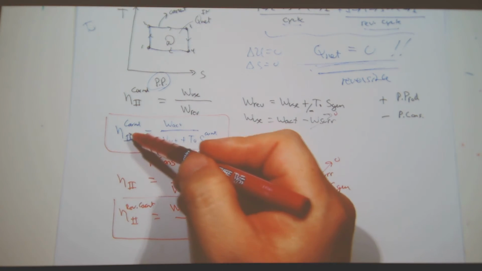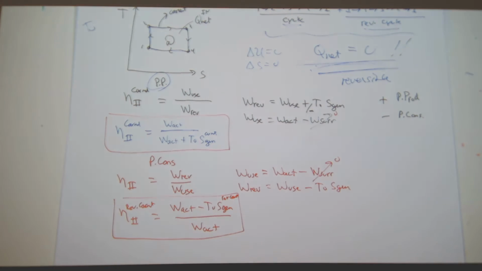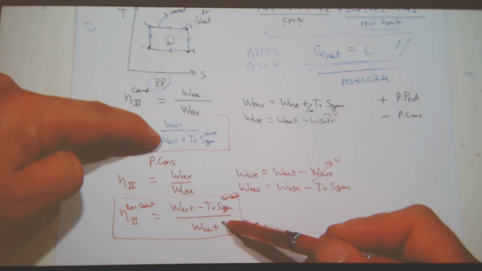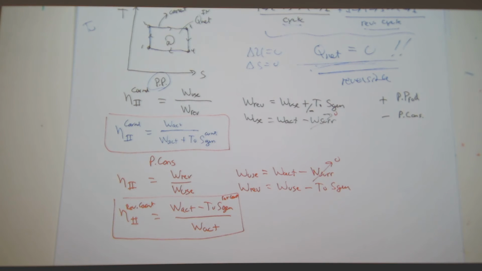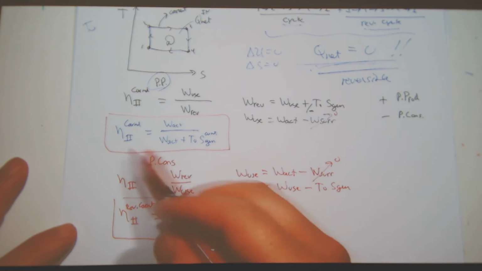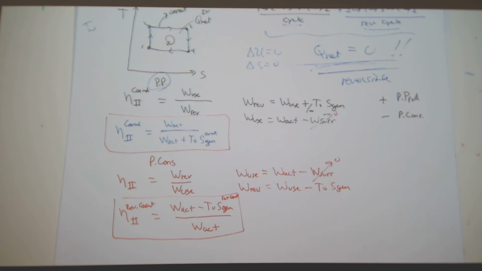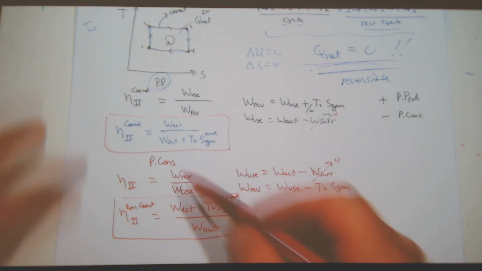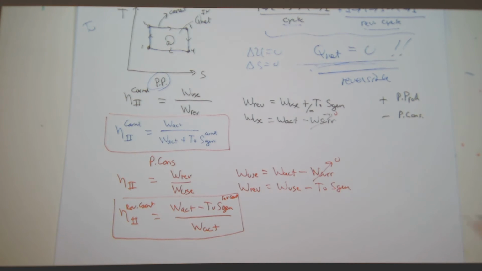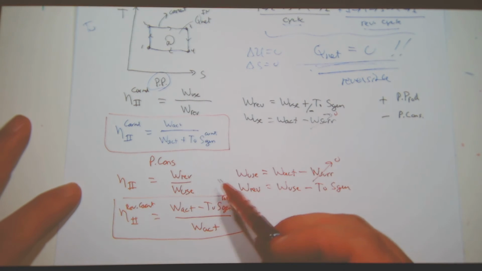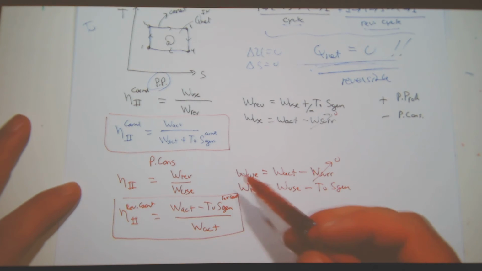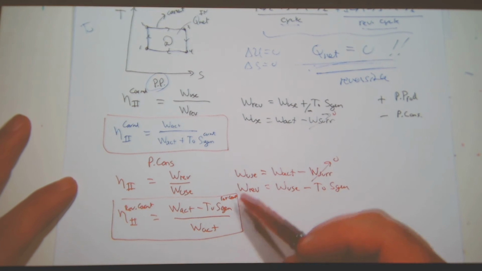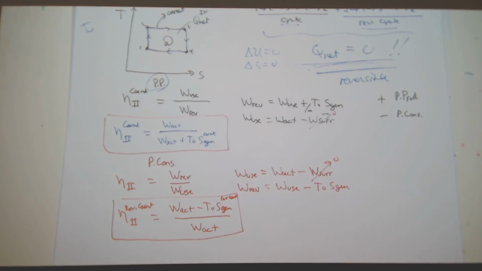And I said that the second law efficiency for both processes was the same. So I can equate these two expressions, or I can rewrite them in terms of S gen. I can go through the algebra, but before I do that, let's just plug in numbers.